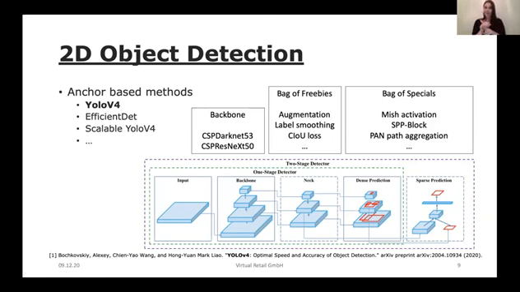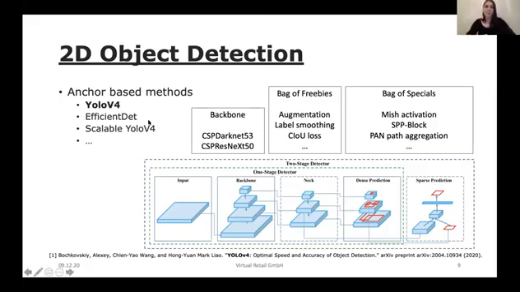It actually tried quite a few different techniques that were published in the past couple of years. For instance, they used the cross-stage partial connection on the backbone for Darknet and ResNeXt 50, some augmentation like mixup, cutmix and crop, label smoothing, and also Mish activation and PAN path aggregation.